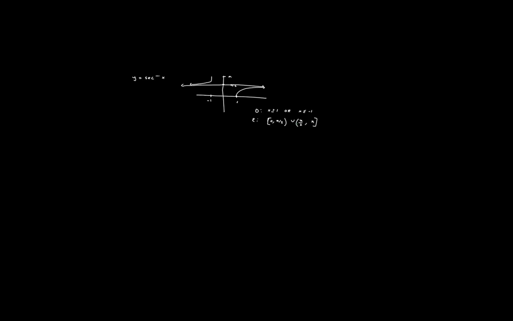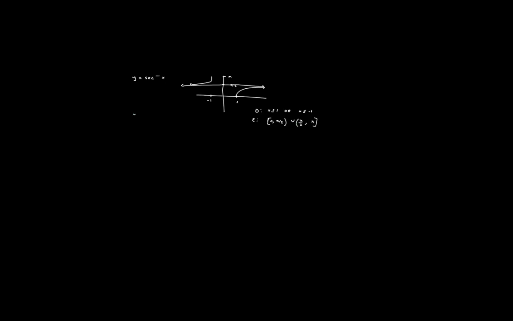So if we look at that as the domain, that means the domain of the new function will be x is greater than or equal to 1, and then less than or equal to negative 1 as well. Knowing that, let's approach how to find the inverse.